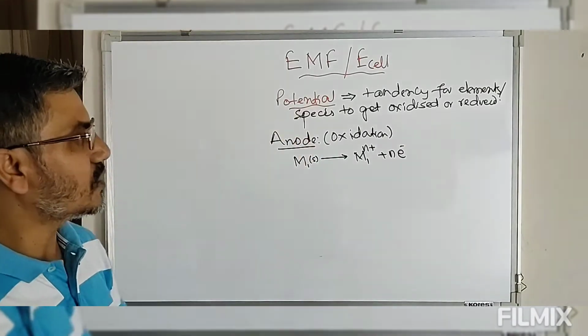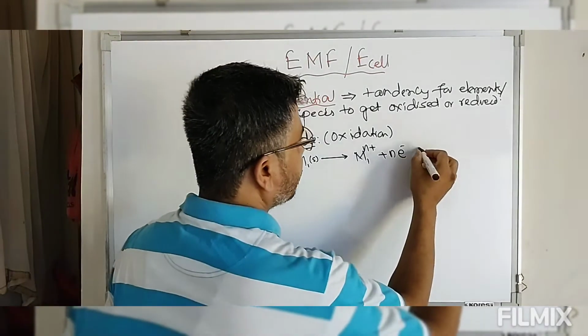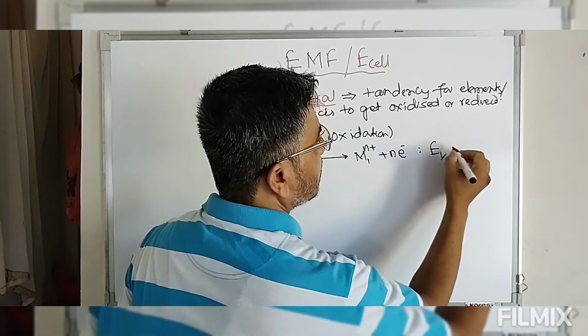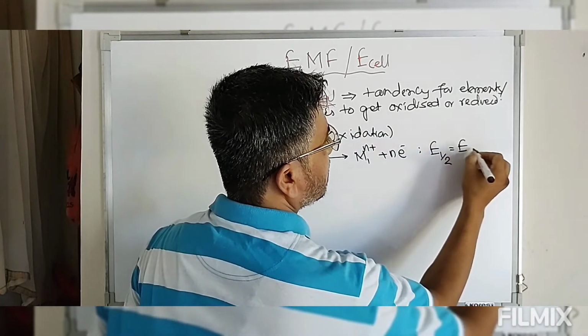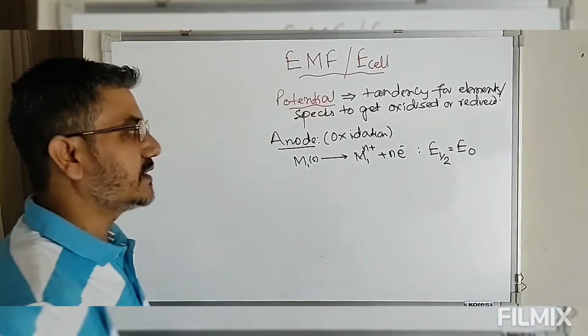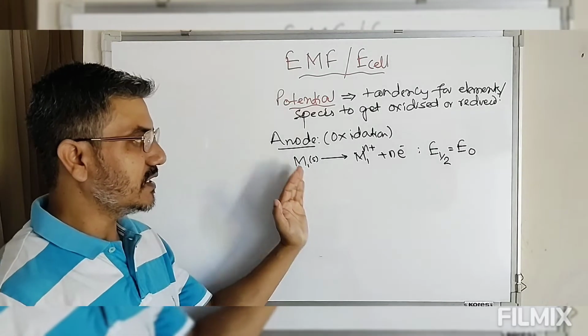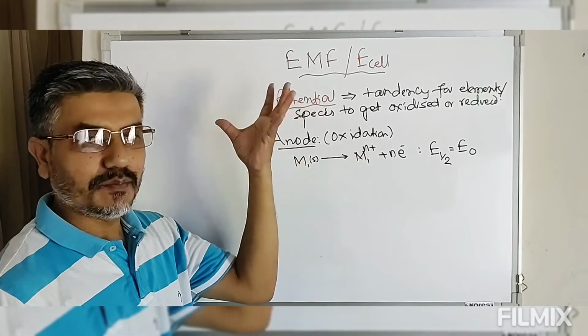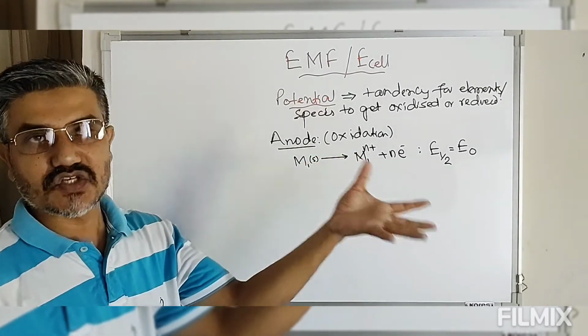Now this tendency will be defined by its potential. Since this is oxidation, we define E half cell as equal to E oxidation, that is the tendency for this element to get oxidized to give you M1 n plus from M1 solid.